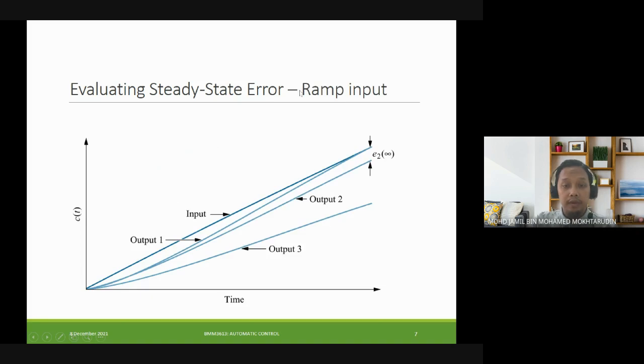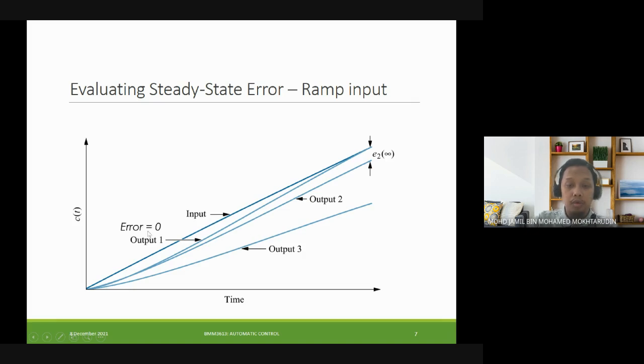Okay, so if you have a ramp input, then the input or the desired outcome is the thick, darker blue line here. And your output will be either of the three curved lines. Output number 1 here, as the time approaches infinity, the error is almost 0. For output number 2, there are errors because it doesn't reach the value similar to input.